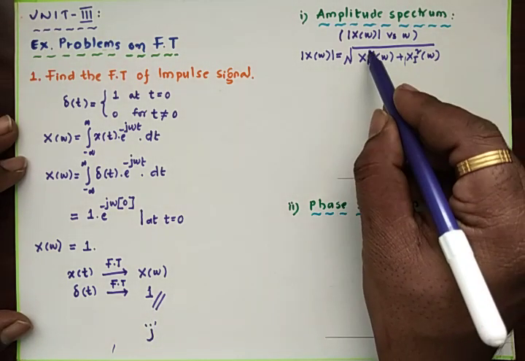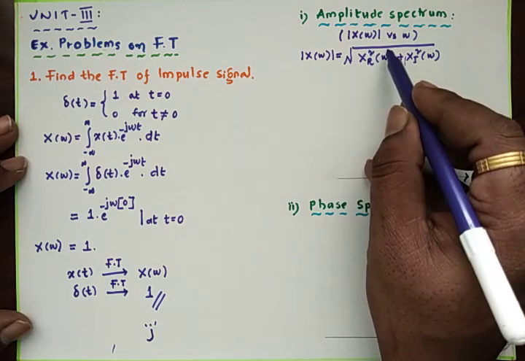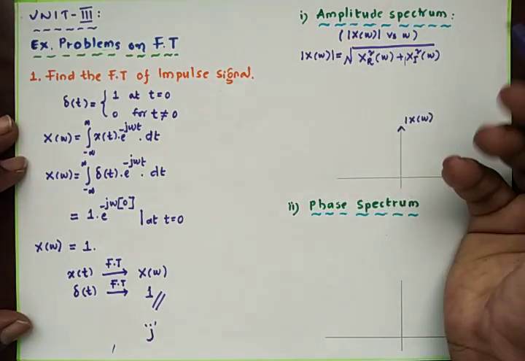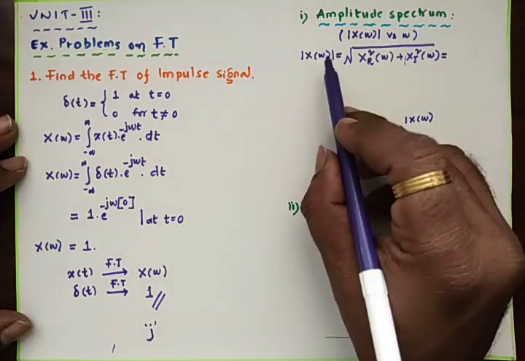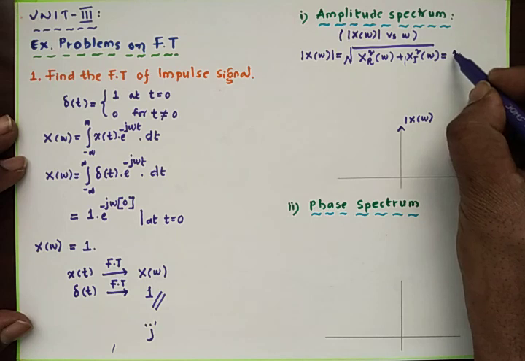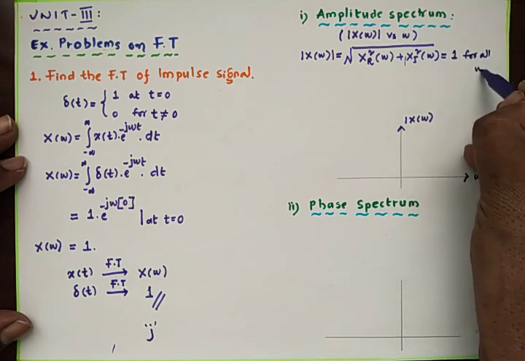If I substitute Xr is 1, 1 squared will be 1, and the square root of 1 is 1, so the magnitude of X of omega is 1 for all the values of omega.